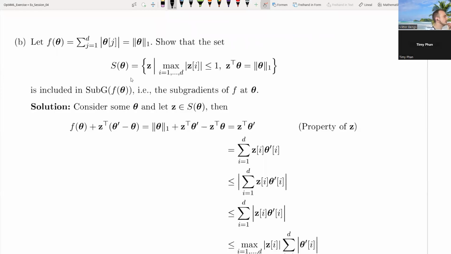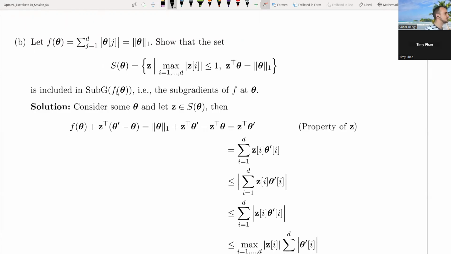And what we want to show is that the set, as theta here, consisting of all d-dimensional vectors z, which are such that the maximum absolute component is at most 1, and the inner product of z and theta is equal to the L1 norm of theta, is a subset of the subgradient.